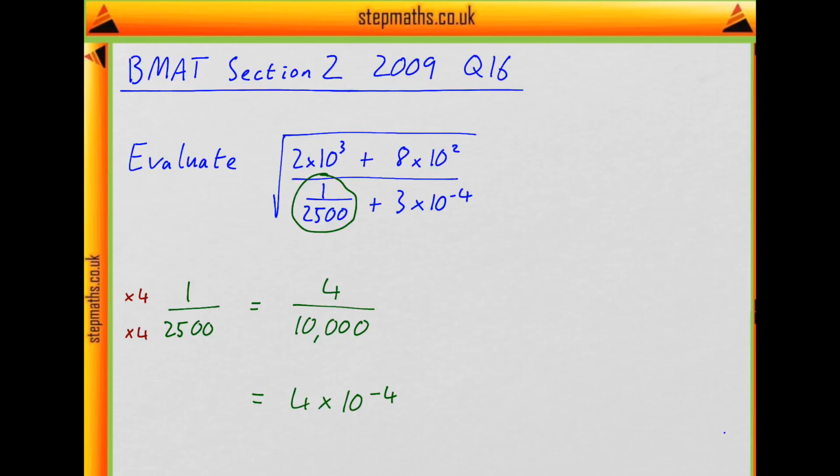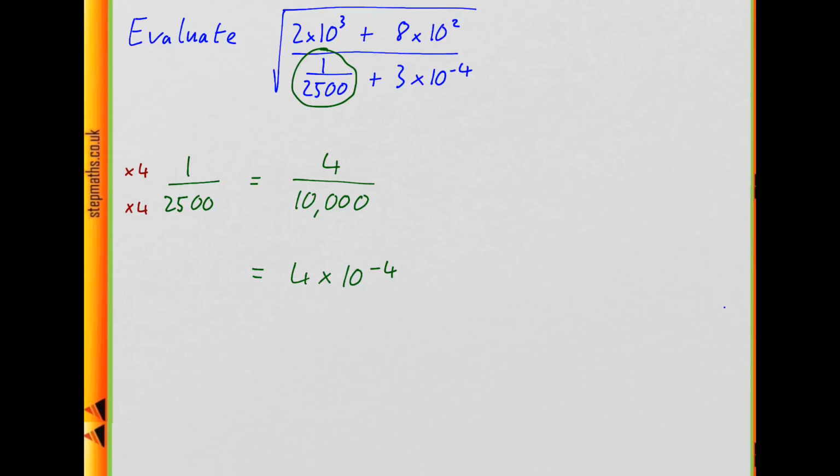Okay, so next we need to simplify this fraction before we can square root it. But to simplify the fraction, we first need to simplify the top and the bottom, because it's harder to divide a sum by another sum unless you simplify. So let's think about what the top and the bottom both come to. If we look at the bottom, this part we just said is 4 times 10 to the minus 4, and this is 3 times 10 to the minus 4.